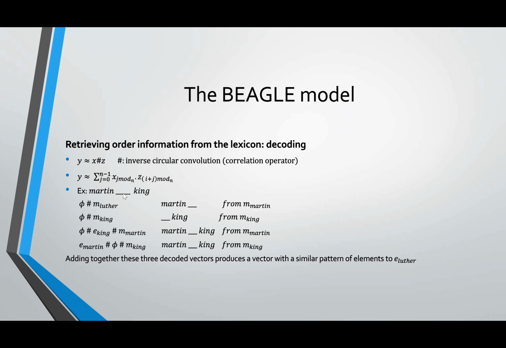By summing up all these decoding vectors, we get a vector similar to the pattern of elements in E. This process showcases BEAGLE's ability to reconstruct meaningful sequences and predict the likely next element in a sequence.